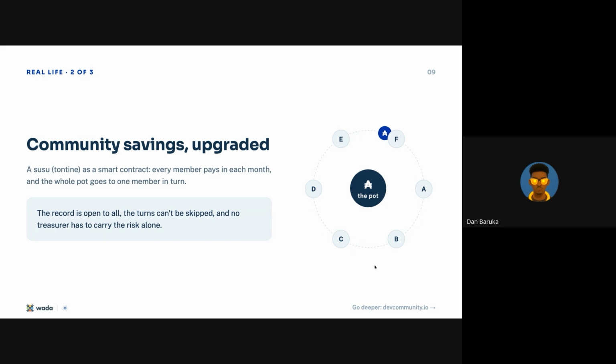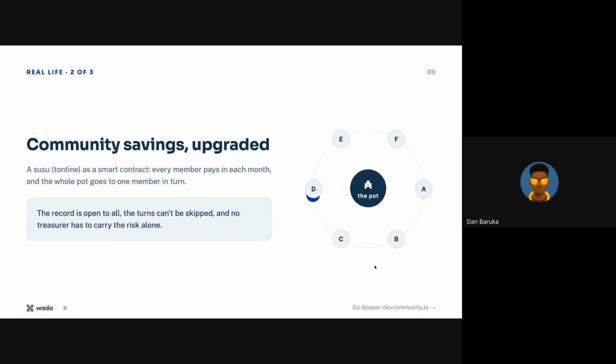We also have community savings. Many African countries have this activity, which locally we call Likelemba. It's Swahili. In Nigeria, maybe Susu, or Tontine in France.